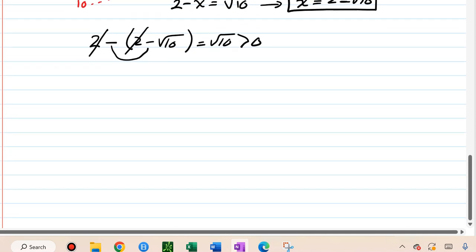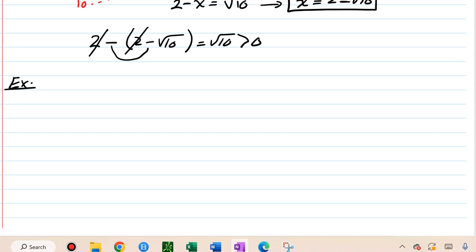Now let's take a look at another example. Again, all my examples are logarithmic now. So here I have log base 3 of x plus 5 times x minus 3 equals 2. All right, let's rewrite this expression.